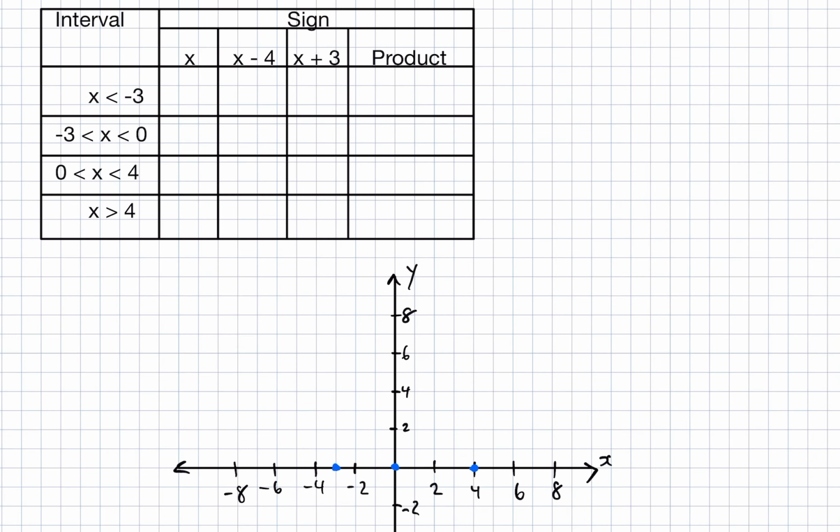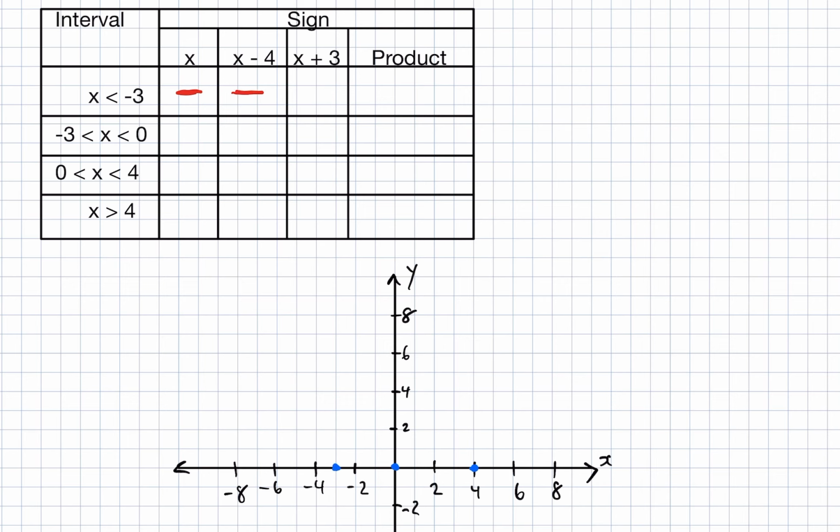When x is negative 10, this first factor is going to be negative, so we give it a negative sign. Plugging in negative 10 for x, negative 10 minus 4 is negative 14, still a negative number, so another negative sign.